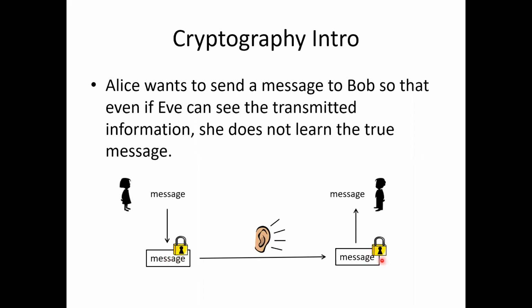The cipher has to have the property that Bob, having a decryption key, perhaps the same one Alice used, perhaps a different one, can decrypt. And the encryption and decryption algorithms have to have the property that if I encrypt and then decrypt using a matching key, I always get the same message.